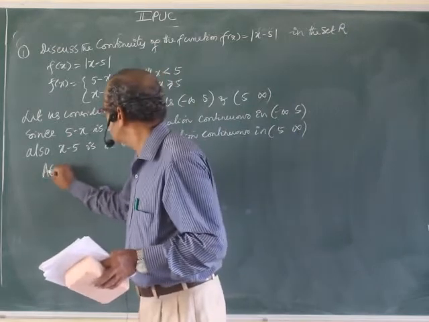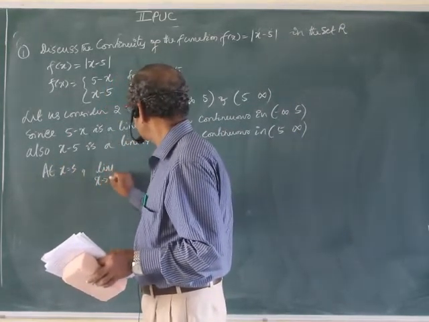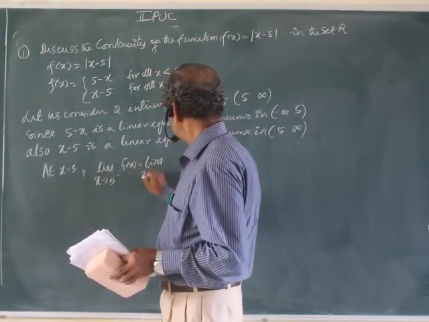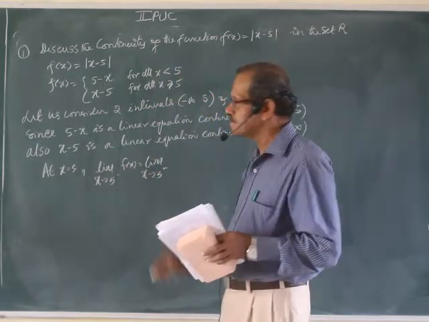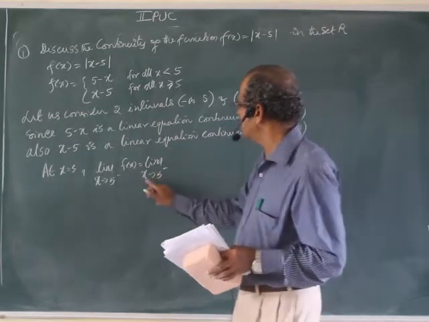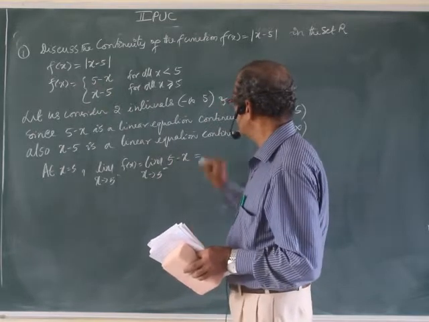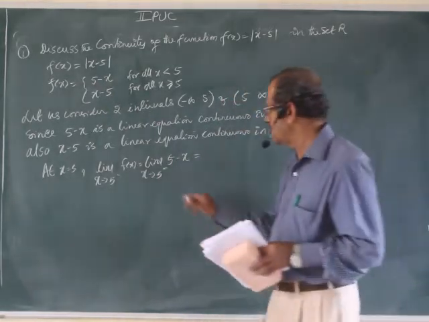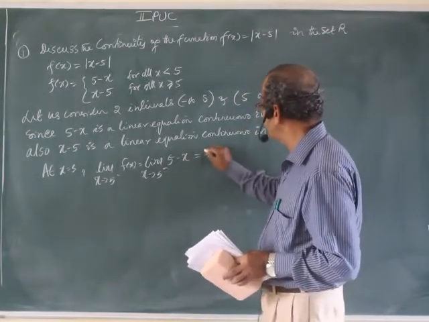At x equal to 5, limit x tending to 5 minus f of x, the left hand side limit, x less than 5, this equation, 5 minus x, 5 minus 5, 0.